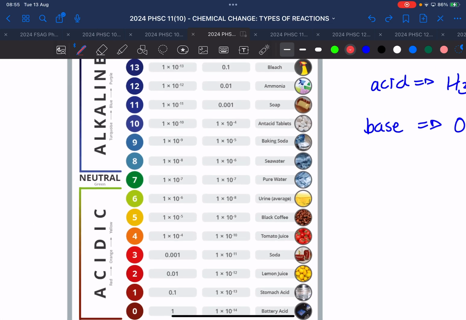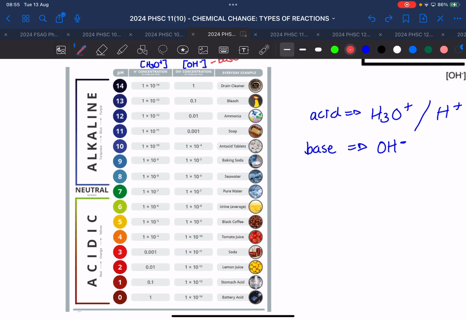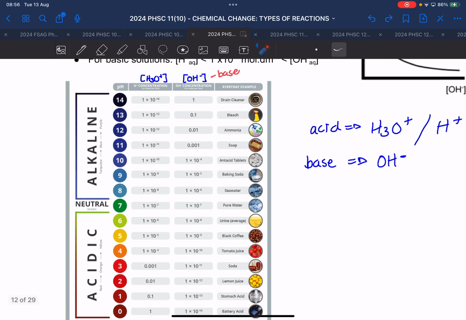Now there is something very beautiful, scientific-wise, about all of these things. If you can tell me what it is, you get a lollipop. Something regarding the relationship between the concentration of the acid and the concentration of the base.